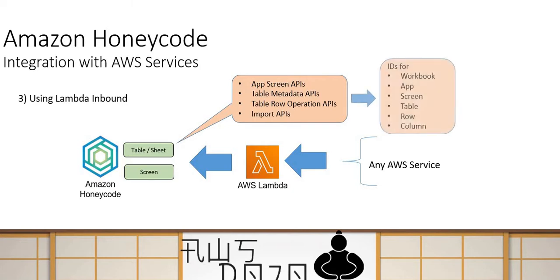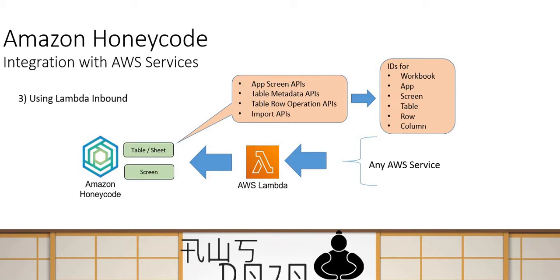Now, when you are working with the Honeycode object model for the screen or the table or the records within the table, it's very important to understand something. This I will probably cover in detail. In fact, I will have some more videos covering the customization part or custom coding part through this kind of scenario.